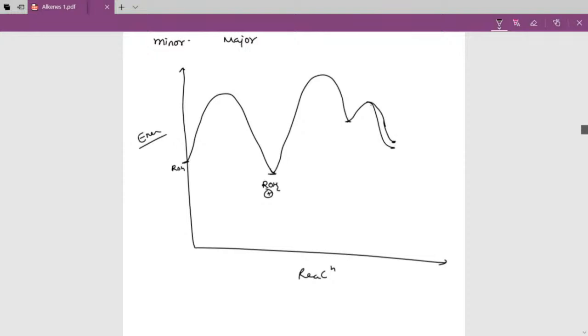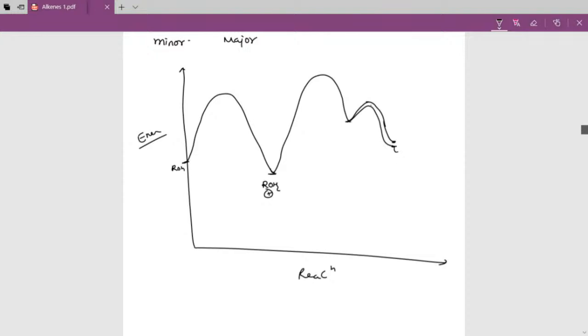Like this. A barrier for one is different than another. Yes, that is possibility. When I draw from the same, then I want to say geometrical isomers. When I'm having these different slopes, I'm talking about regio isomers.